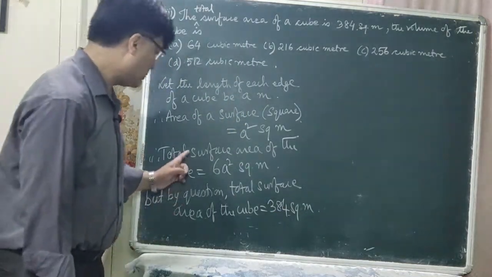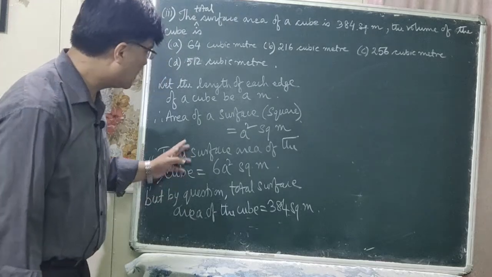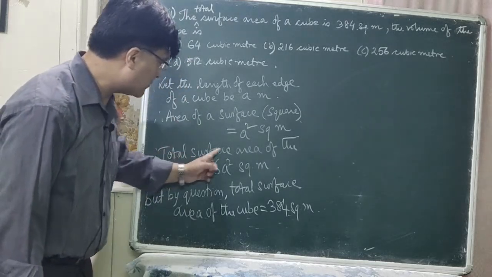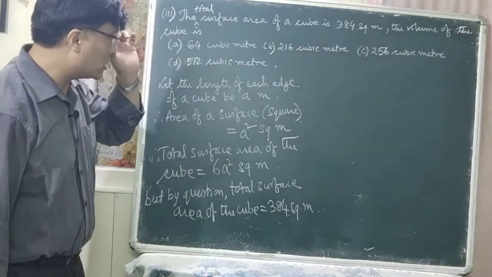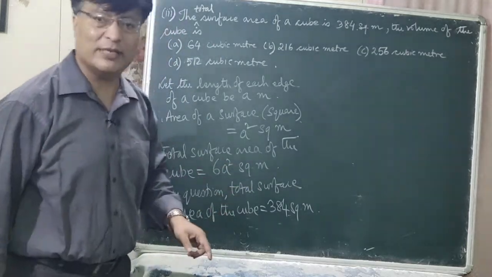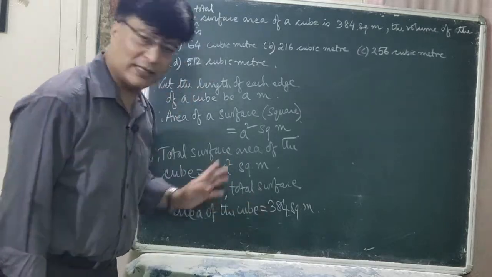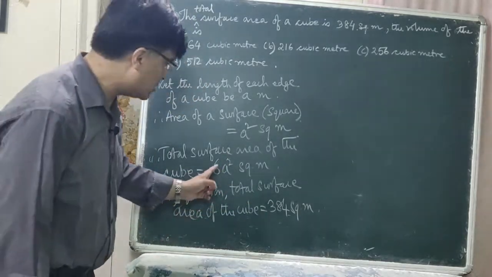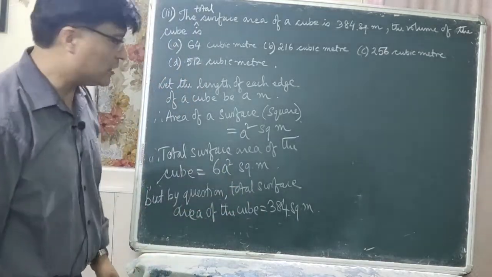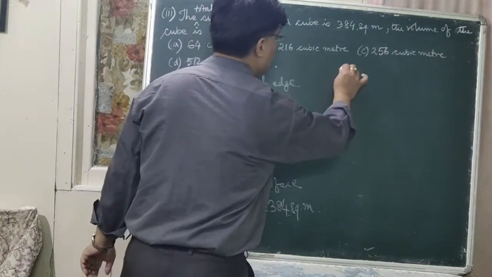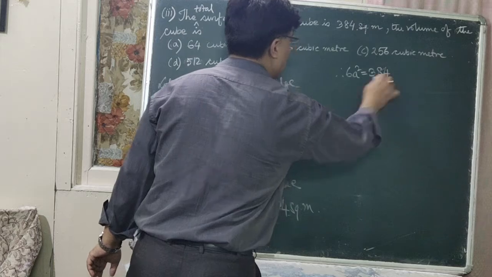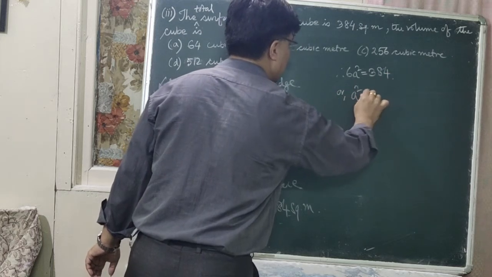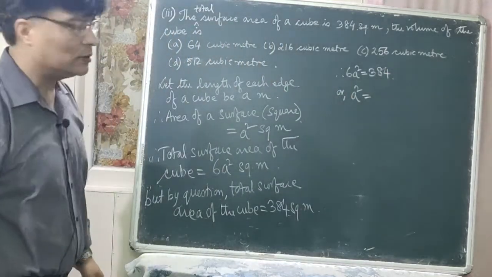Okay, so we have got it. That is, हामीले यहाँ क्याल्कुलेसन गरेर टोटल सर्फेस एरिया अफ द क्यूब कति निकाल्यौं? 6a square meter, but by question it is given as 384 square meter. So these two must be equal. So you can equate 6a square with 384. So therefore 6a square is equal to 384. Or what is the value for a square is equal to, what is a square is equal to?